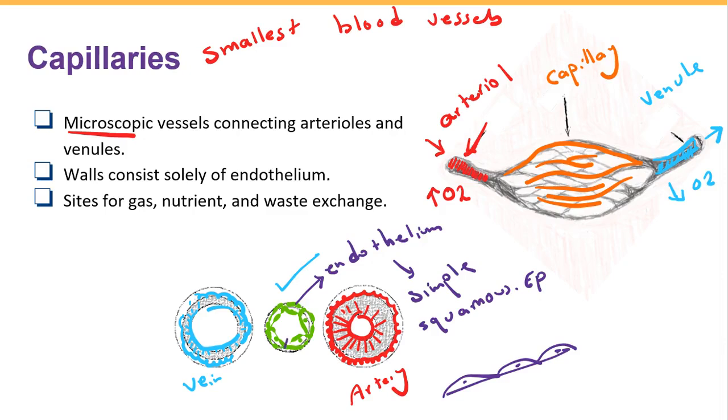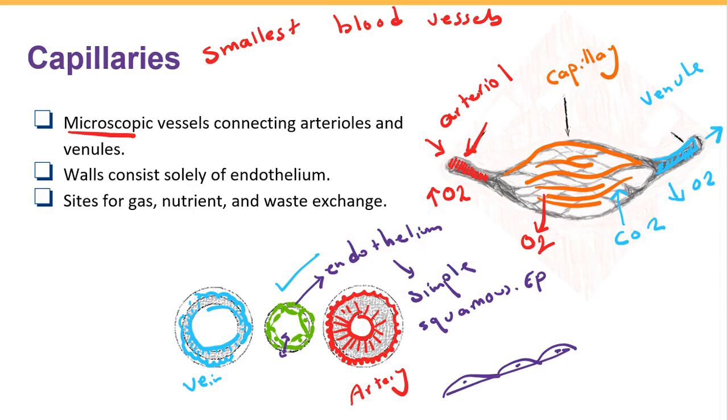So it makes a very thin wall, and this thin wall allows oxygen and also carbon dioxide to be exchanged here. At the capillary level, we have exchanges of the respiratory gases, oxygen and carbon dioxide.